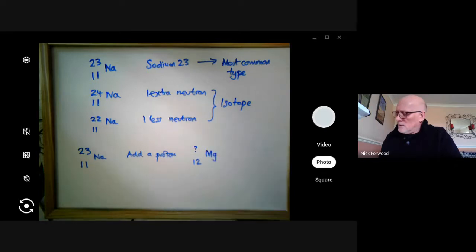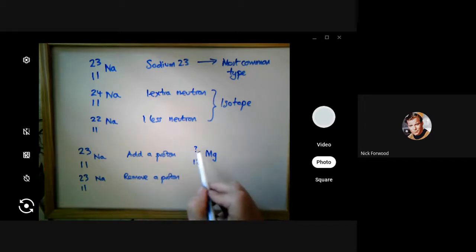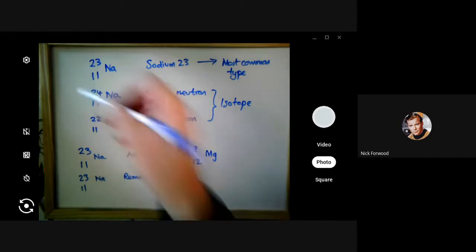You could also, if it was possible, take my 23 11 sodium and subtract or remove a proton. And again, the number at the top could be anything really. Could be 23, 24, 22, doesn't really matter.